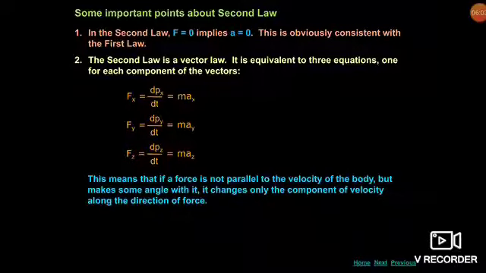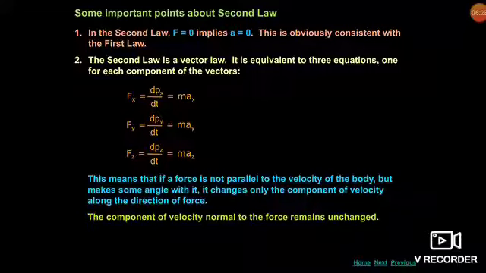This means that if a force is not parallel to the velocity of the body but makes some angle with it, it changes only the component of velocity along the direction of force. It means acceleration can be along the x-axis, the y-axis, and the z-axis also.